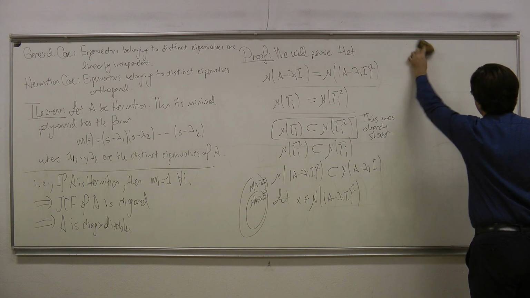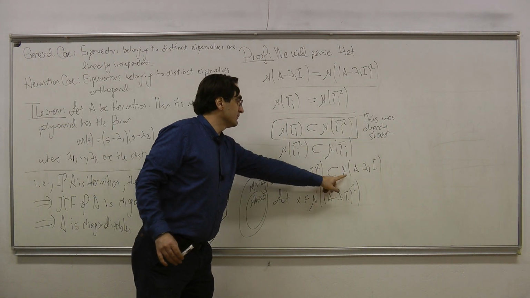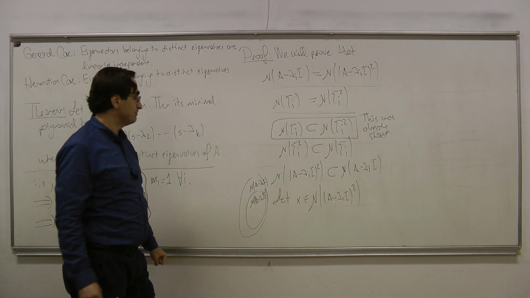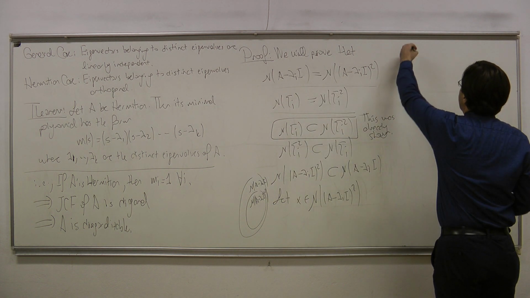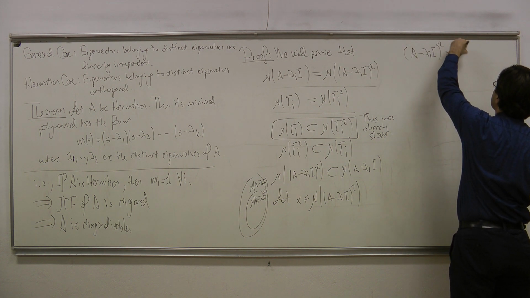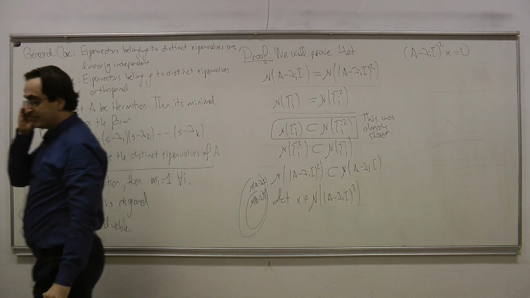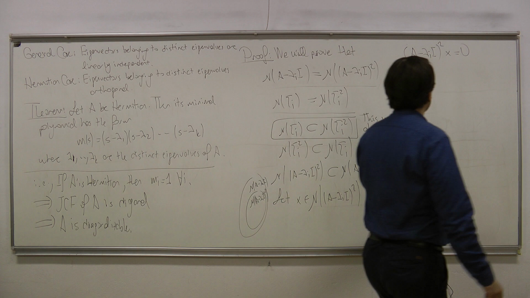So I need to show that this X is also inside this null space of A minus lambda I identity. Okay? So now X being inside this null space means that (A minus lambda I identity) square X is equal to 0. Okay? I know that this matrix times that vector is equal to 0.